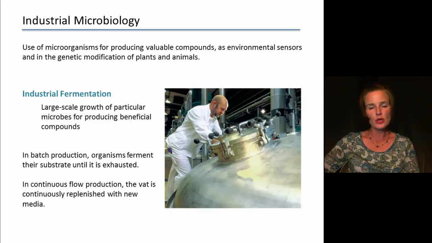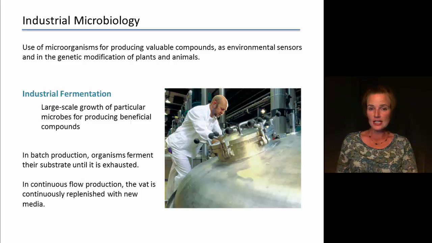Now, with both of these, we have to provide some type of food source or food supply, nutrients, to the organisms. Now, in batch production, the organisms are going to ferment whatever that substrate that's provided happens to be, and we're going to just wait until that food supply, that substrate, is completely gone, completely exhausted. At that point, we're going to harvest our product.